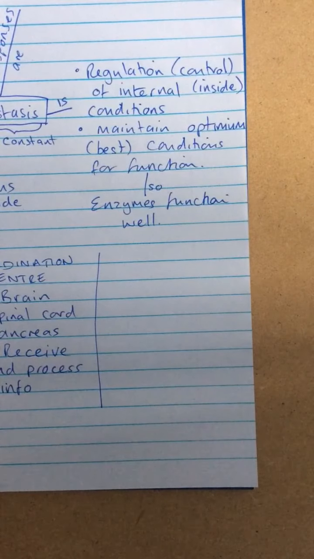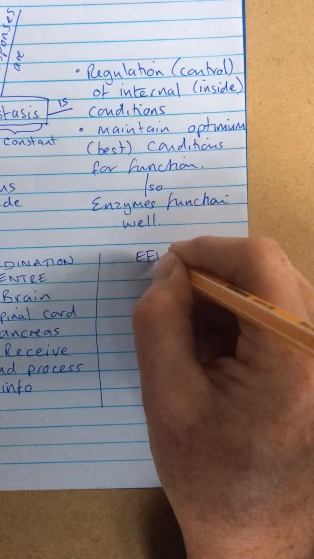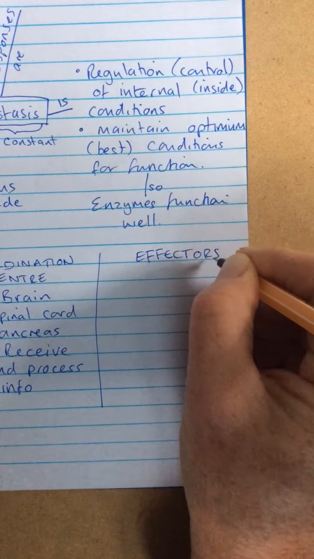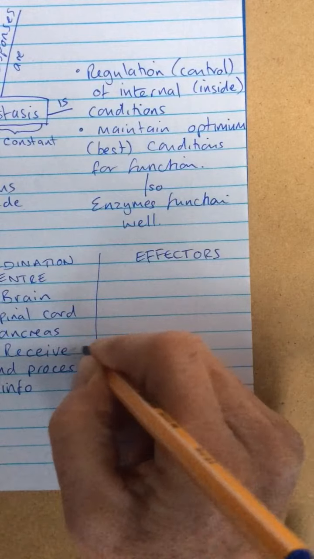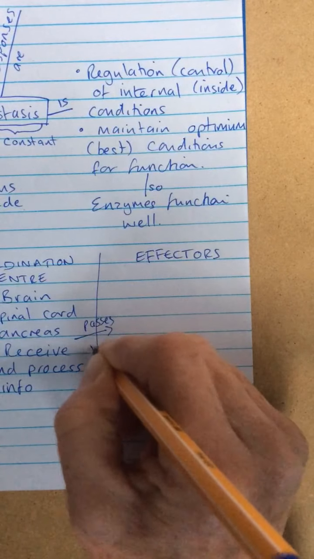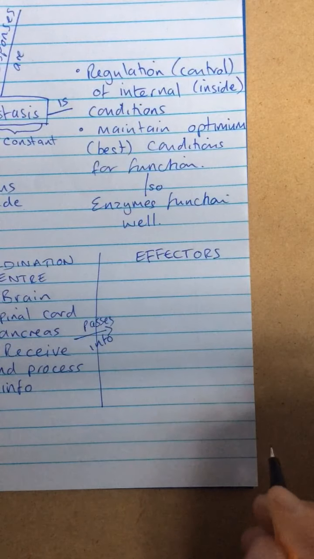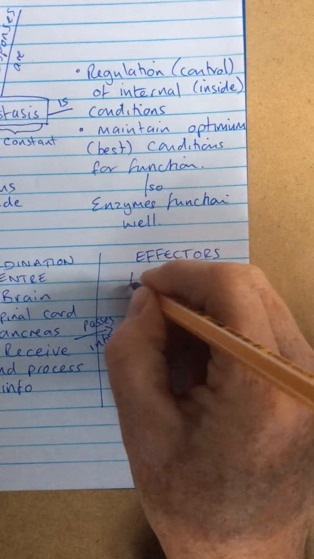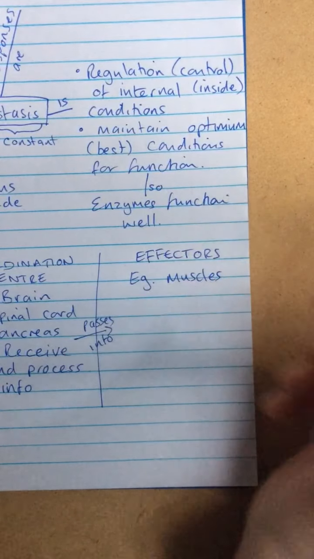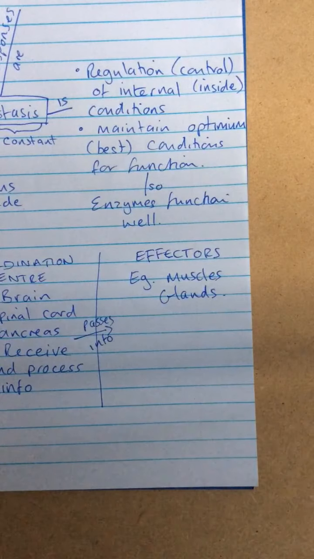So the final part of this system are the effectors. The coordination centre passes info to effectors. And the effectors, basically, there's two examples you need to know about. Muscles are examples of effectors, and glands are examples of effectors.